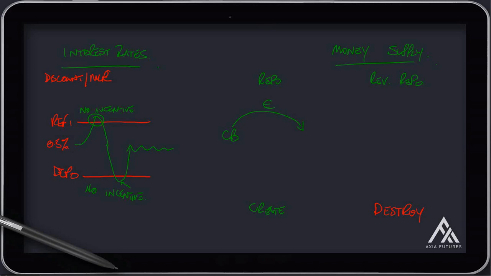We use euro in this example. They then buy bonds, generally, or high quality securities from a bank, with the agreement that at some point in the future the bank will pay the money back, and the central bank will hand the security back. That way, for a short period, money is created.